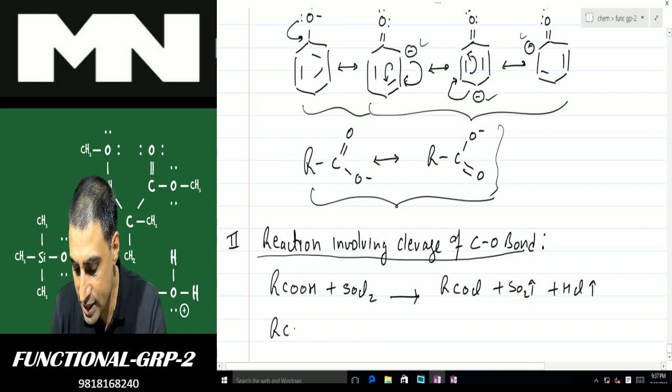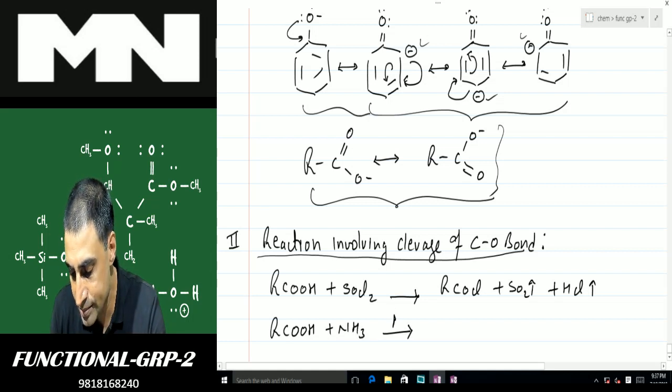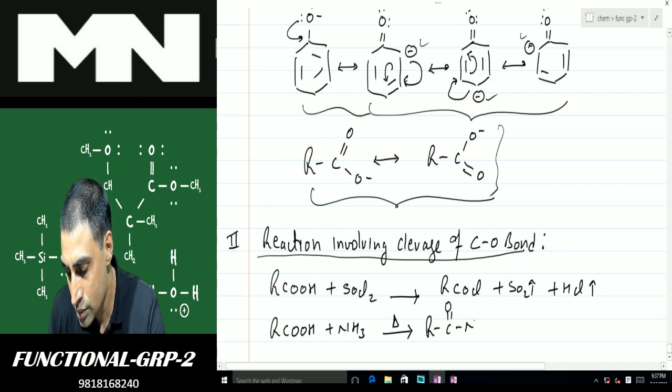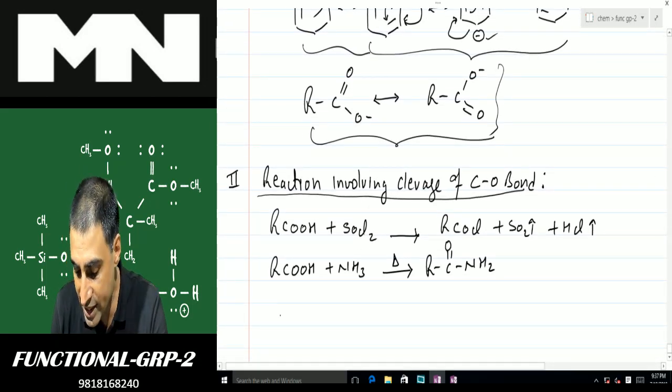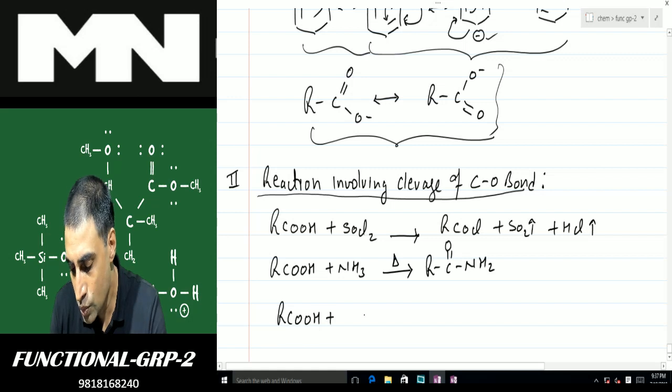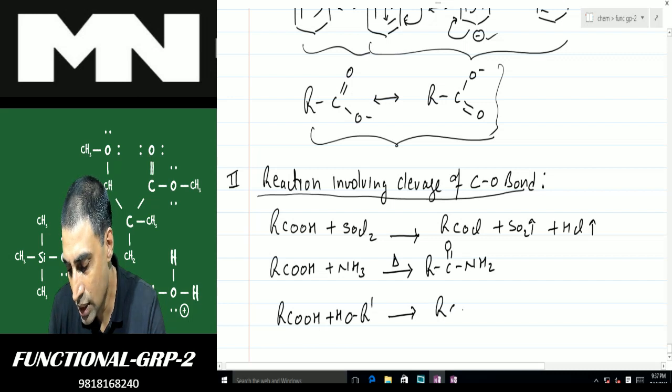Or if I react RCOOH with NH3 and heat it, I will get RCONH2, that is an amide. If I react RCOOH with an alcohol, I will get RCOOR', that is an ester, along with water.